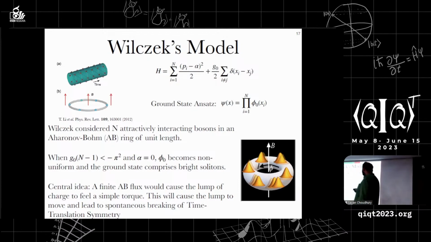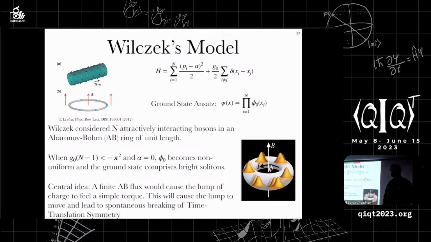Now, the central idea that Wilczek had was the following, that you have a bright soliton being formed through this Aharonov-Bohm ring, and then you make a finite flux go through here. And once you do that, what will happen is that this bright soliton here is going to feel a torque and will start moving around.